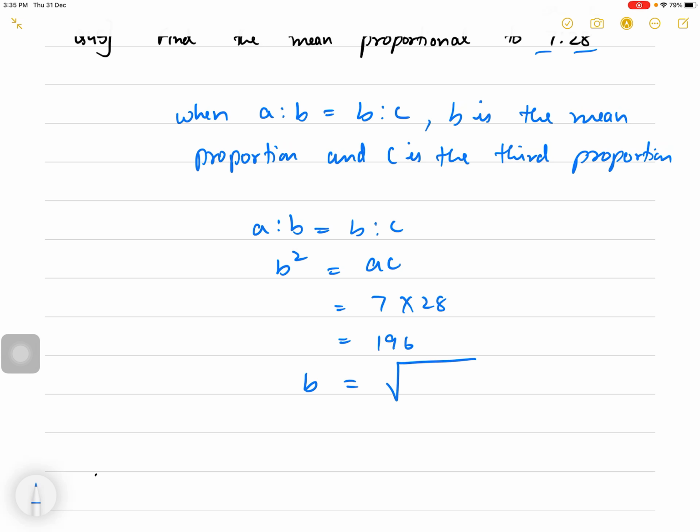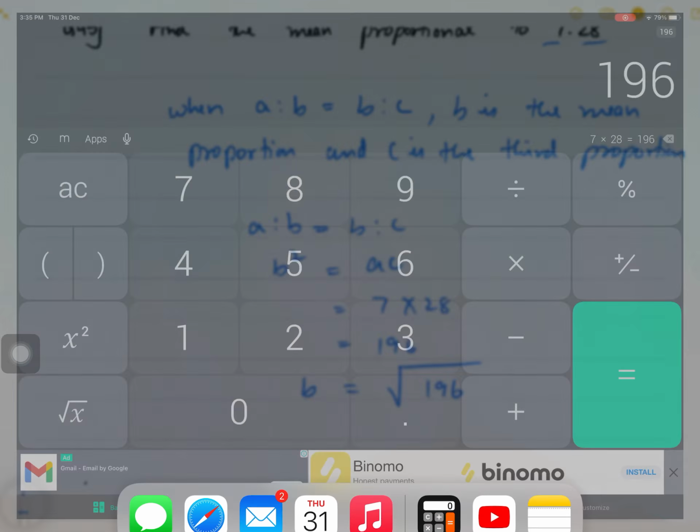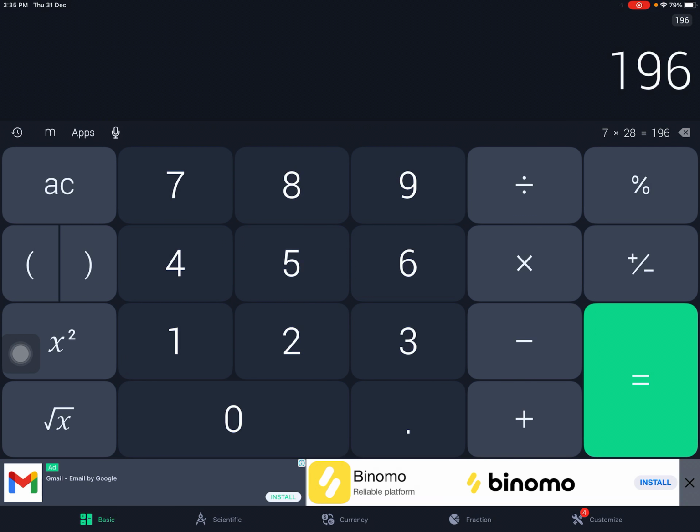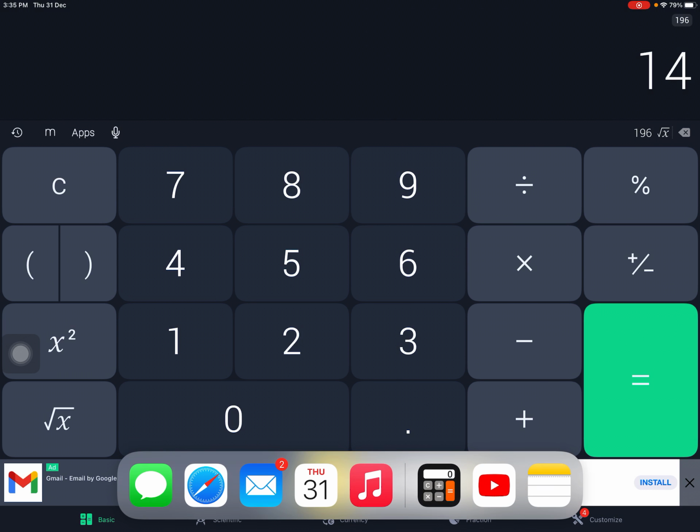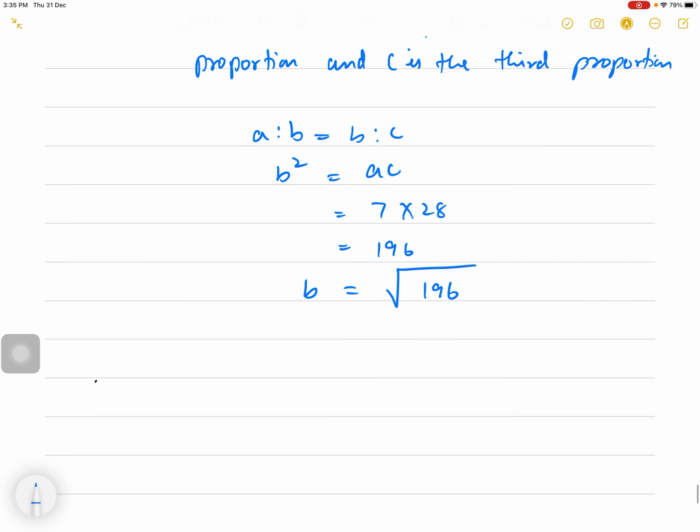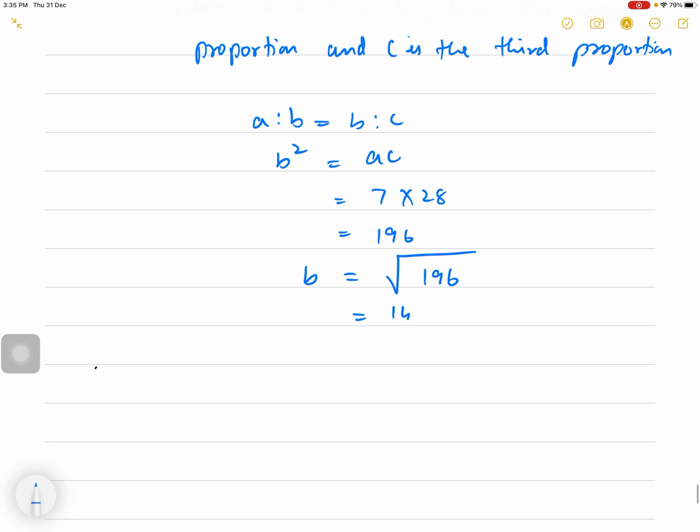B square, you take it to the other side, it becomes square root. So square root of 196. Okay, let's find the square root of 196. It is 14. So B is equal to 14.